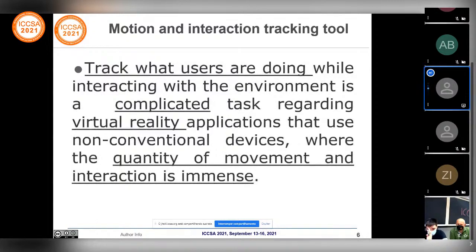Although the idea of automatically tracking what users are doing while interacting with the environment seems simple, this task is complicated regarding virtual reality applications that use non-conventional devices, where the quantity of movement and interaction is immense. Our tool is integrated with the game engine Unity, which was not originally designed to grab information about user behavior.